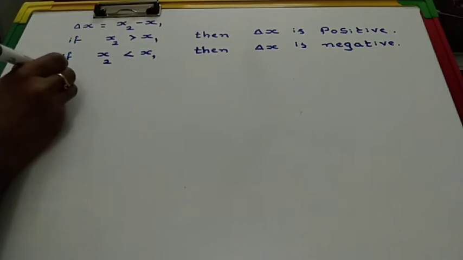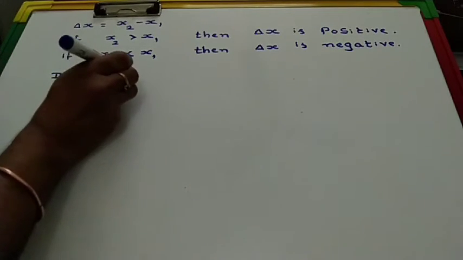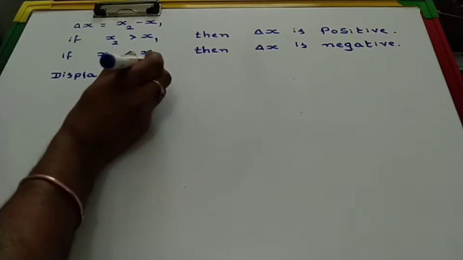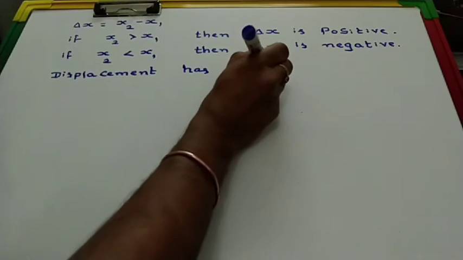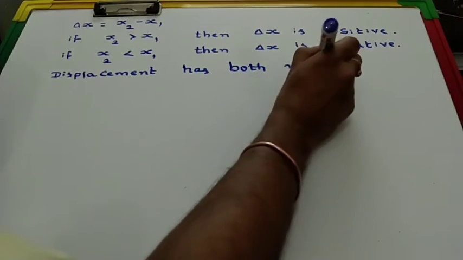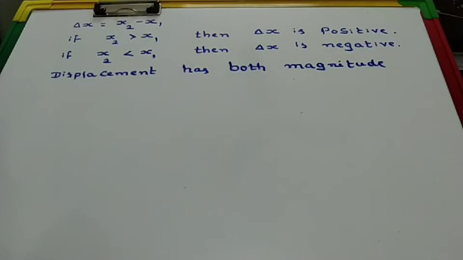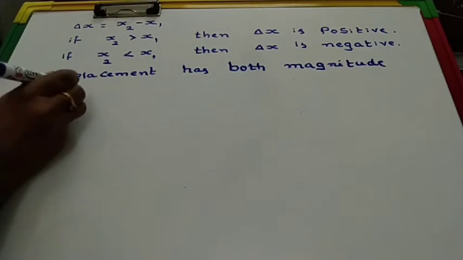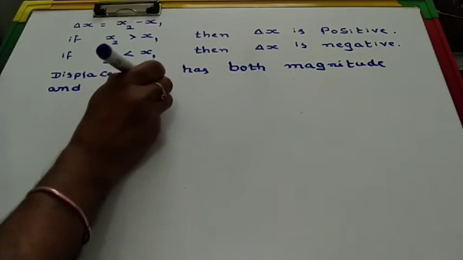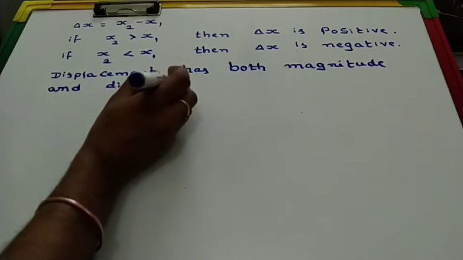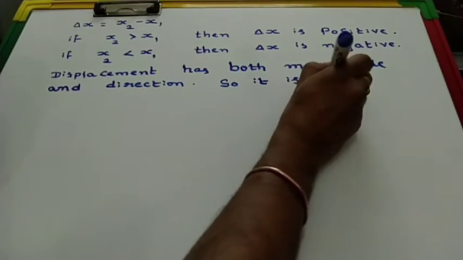Therefore, displacement has both magnitude and direction. So it is a vector.